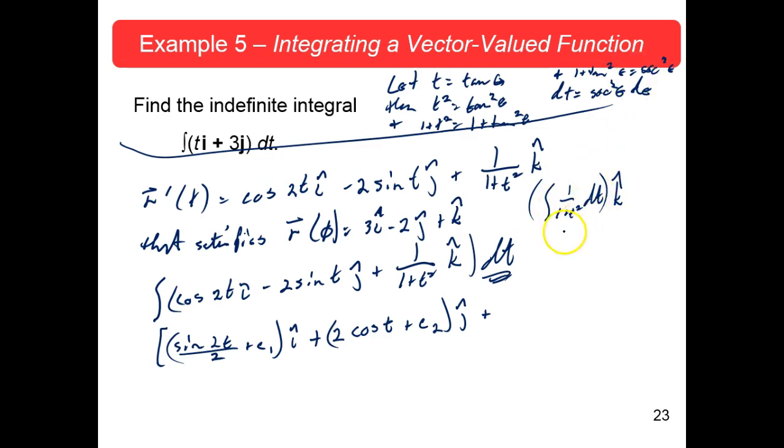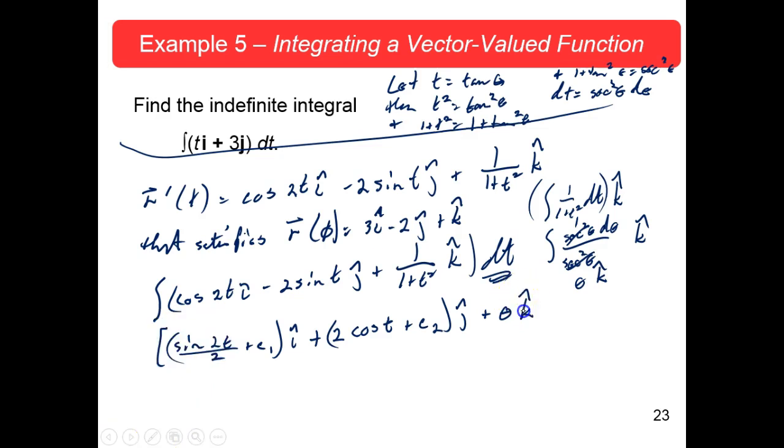The dt is secant squared theta, so it's the integral of secant squared theta d theta over 1 plus tangent squared, which is secant squared theta. So these go to 1. This is all times k. So the antiderivative of d theta is just theta k. And that's why I wrote it down, but I was afraid that I was leaving out too much.